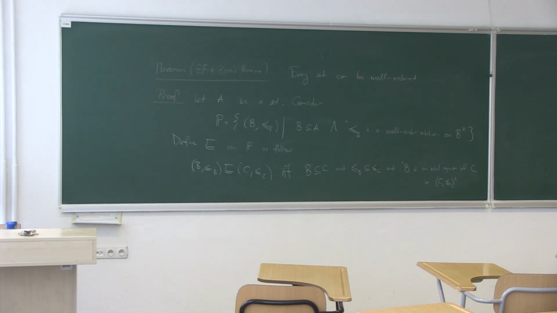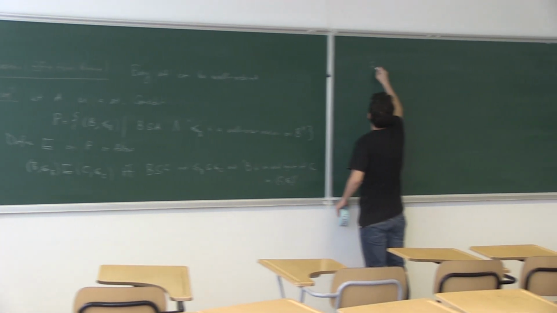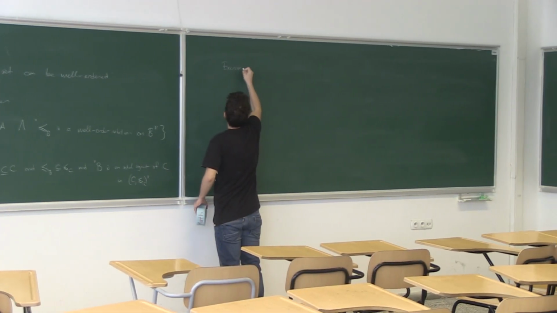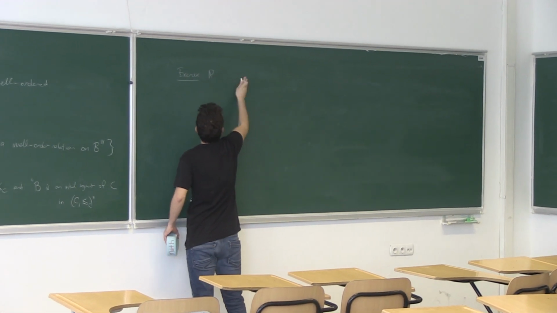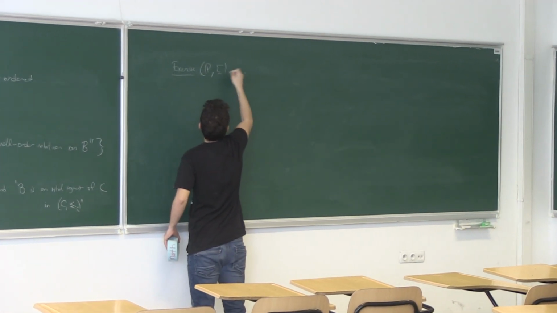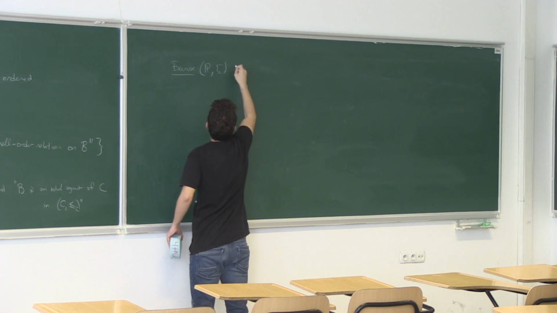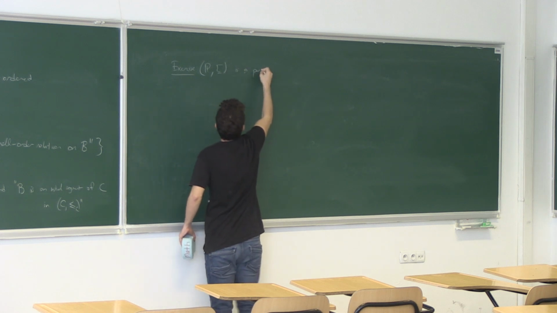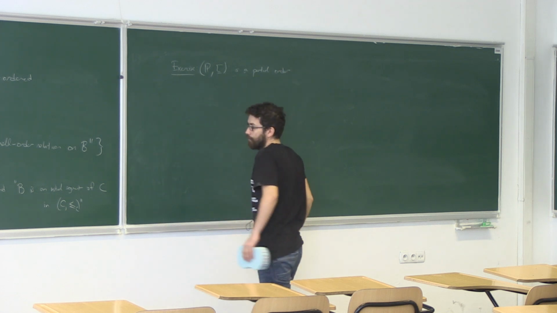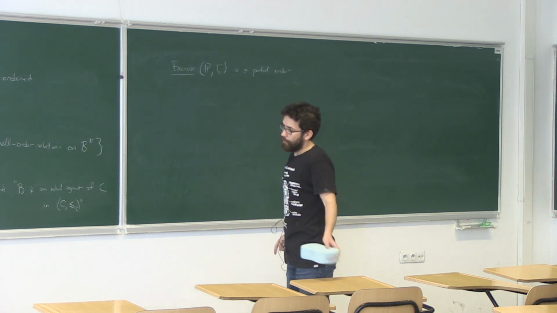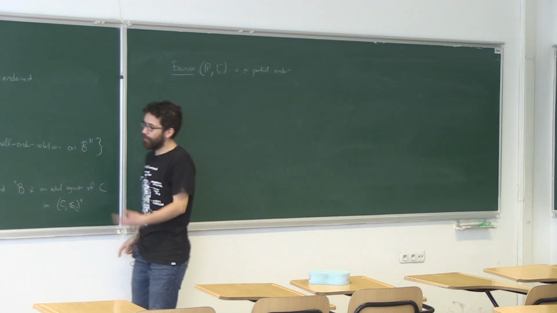Now, little exercise. P together with this relation is a partial order. Why is this a partial order?